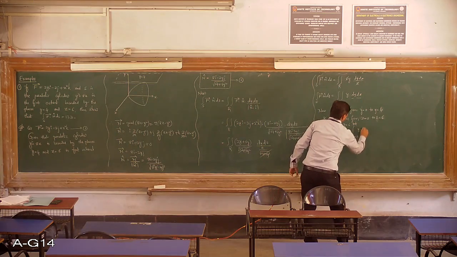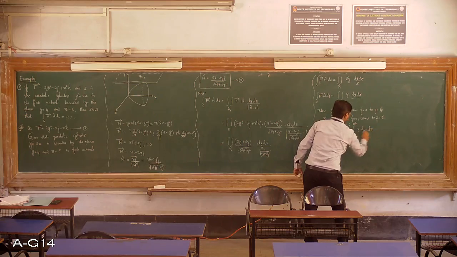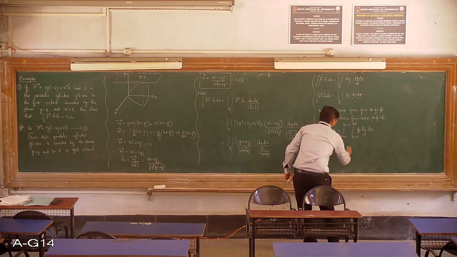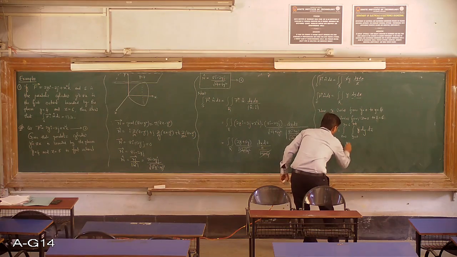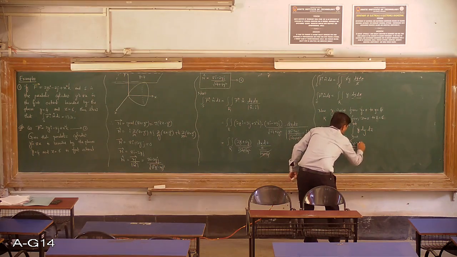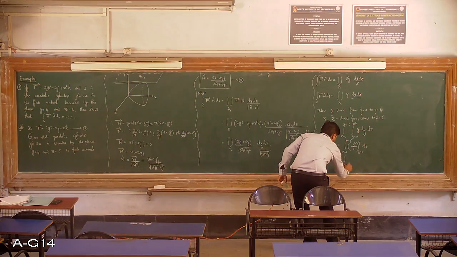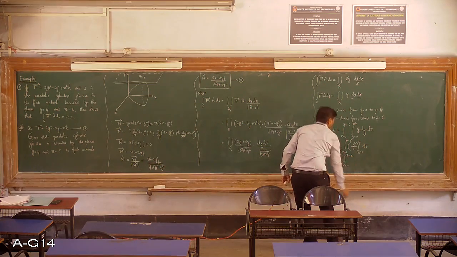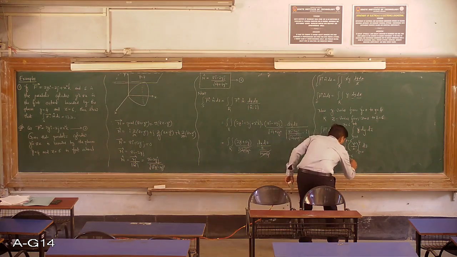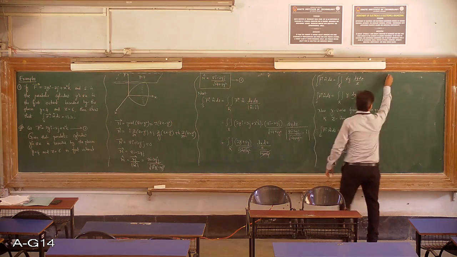Now y into dy into dz, which is equal to, the integration of y with respect to y is y square by 2, with y running from 0 to 4, into dz. Then z equals 0 to z equals 6, then y square, that means 4 square, 4 square is 16 divided by 2 into dz. 16 by 2 is 8.